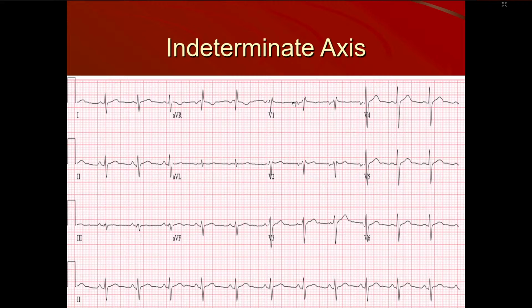Positive component is small, there is a deep negative component of P. So this is left atrial dilatation. In the atrium, you will never say left atrial hypertrophy because there is hardly any muscle in the atrium. So you always call it left atrial enlargement, left atrial dilatation.